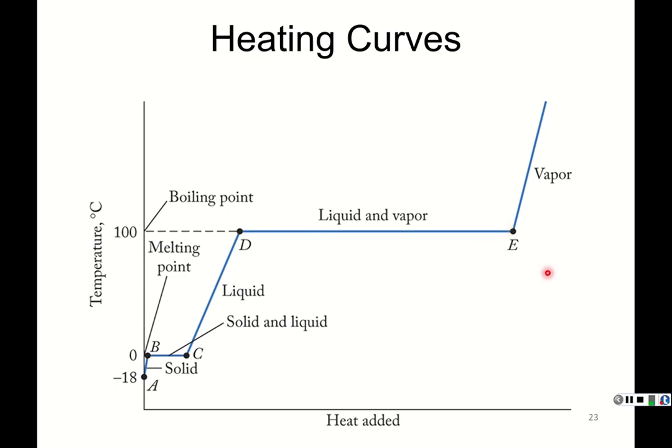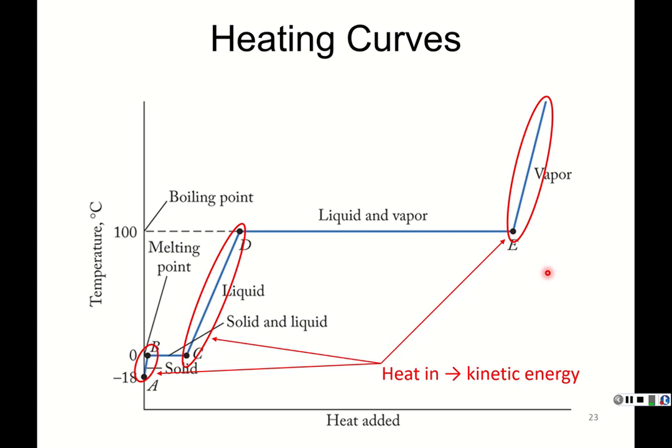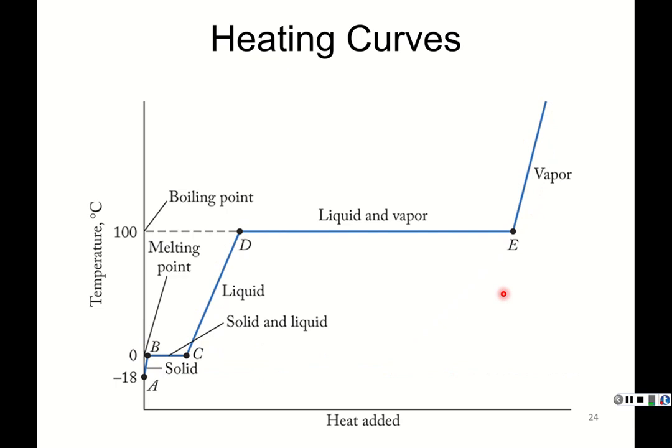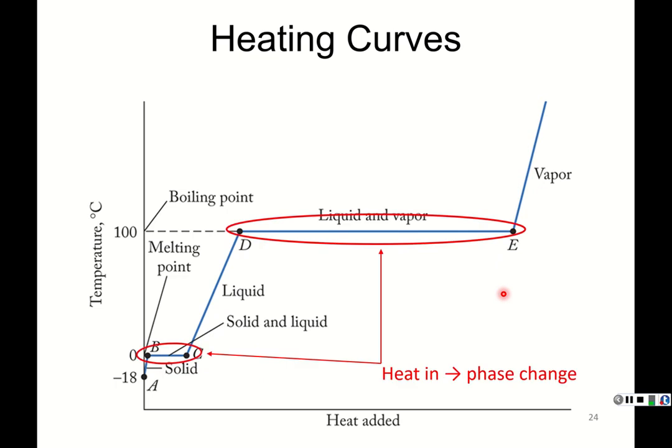So we can describe these portions of the curve, these slanty portions where you're actually changing the temperature: the heat in is going to kinetic energy of those molecules. The horizontal part, the heat coming in at these points is going into a phase change.